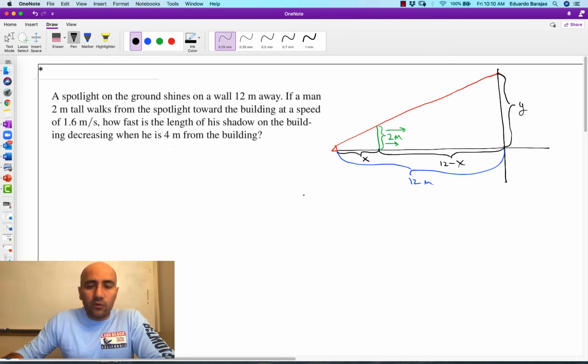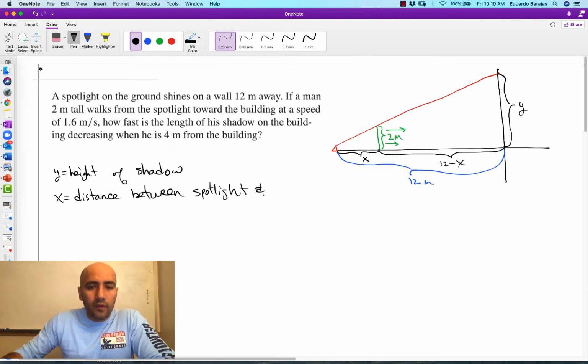Right, let's label our variables here. So y equals the height of the shadow, x represents the distance between spotlight and the man.